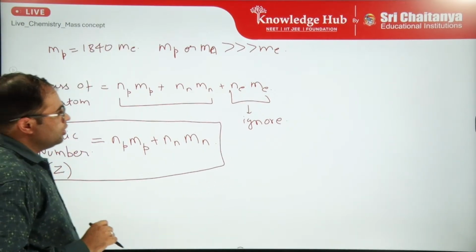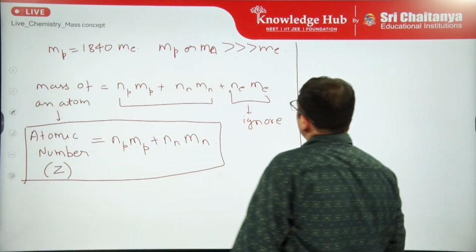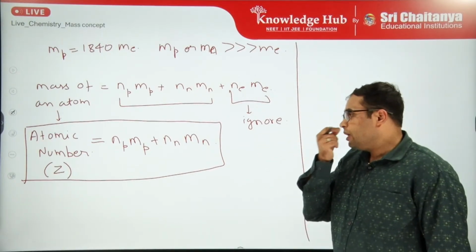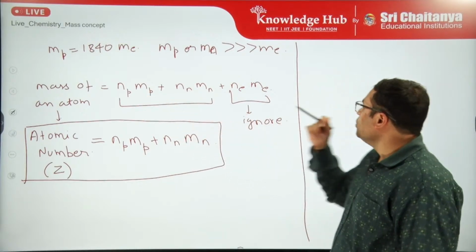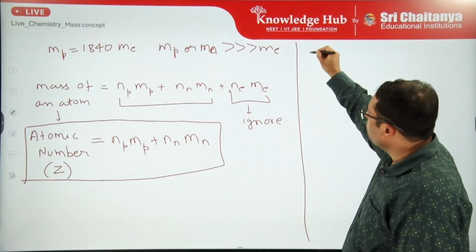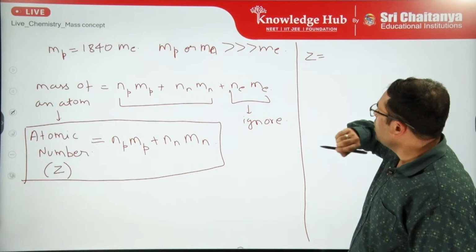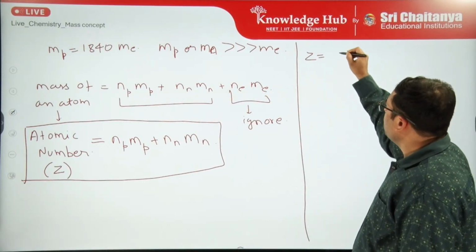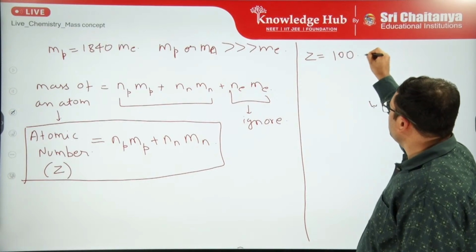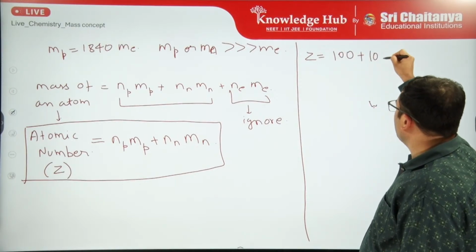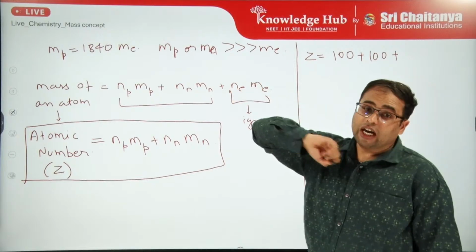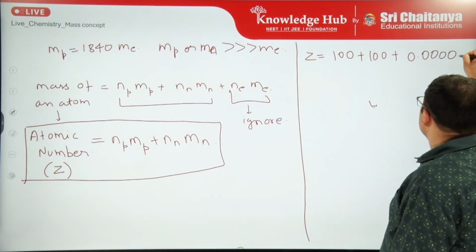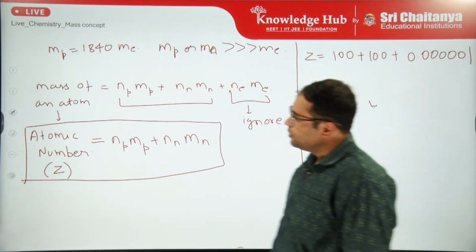To give you a feel of this ignorance, why I am ignoring this. Suppose the value of these two terms is 100 plus 100, and the value of this third term is around 0.000001.